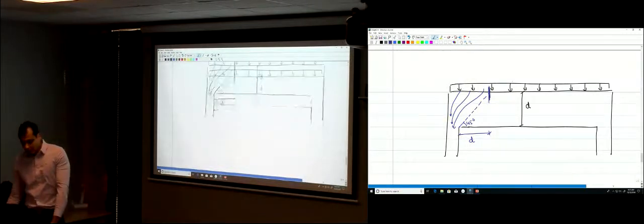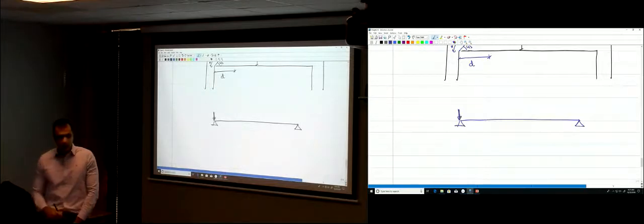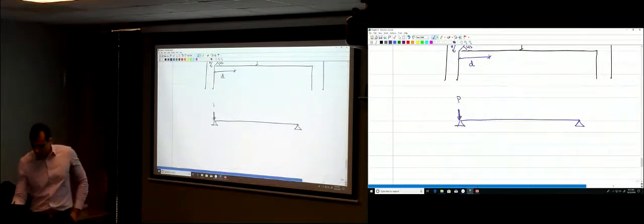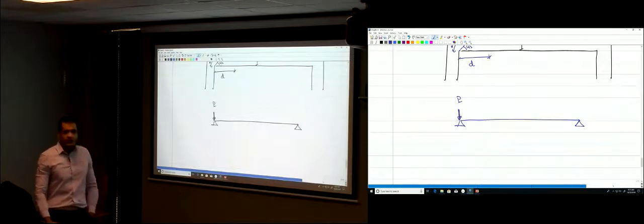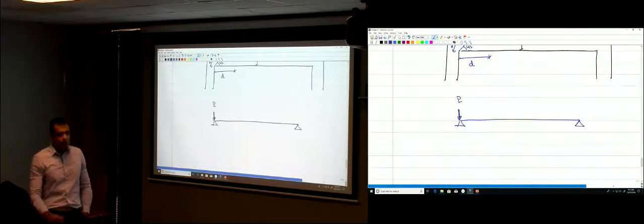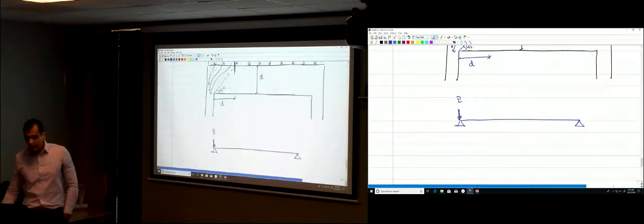This is similar to what? If I draw a beam to you like this, and I give you a load P over the column, over the support, would that P give any shear in the beam? No, it would just travel to the support right away, right? So that's what happened here.